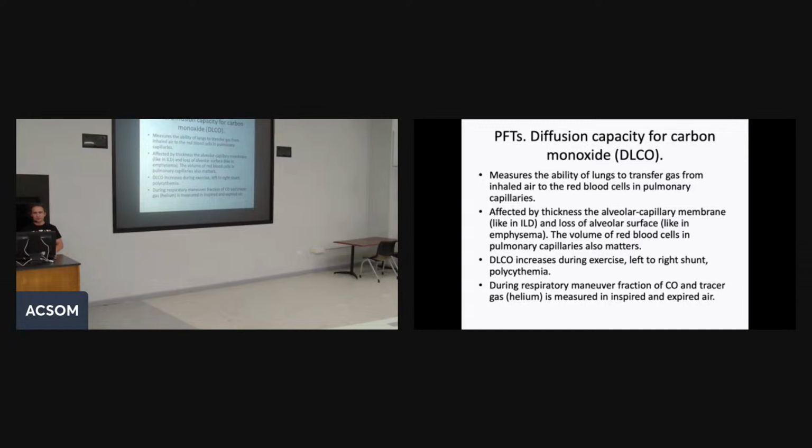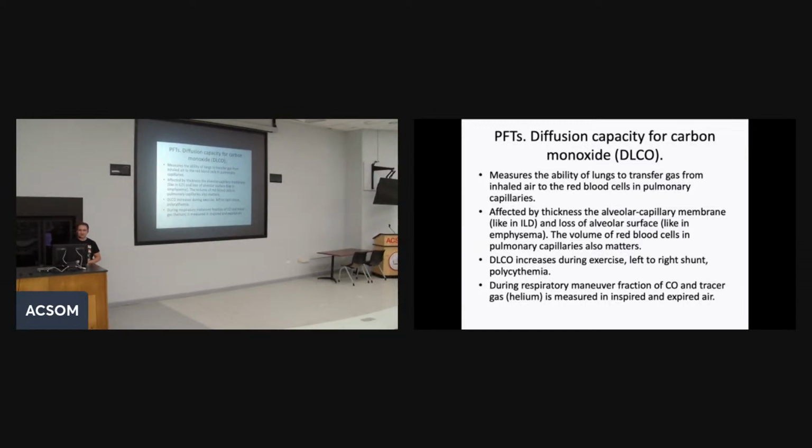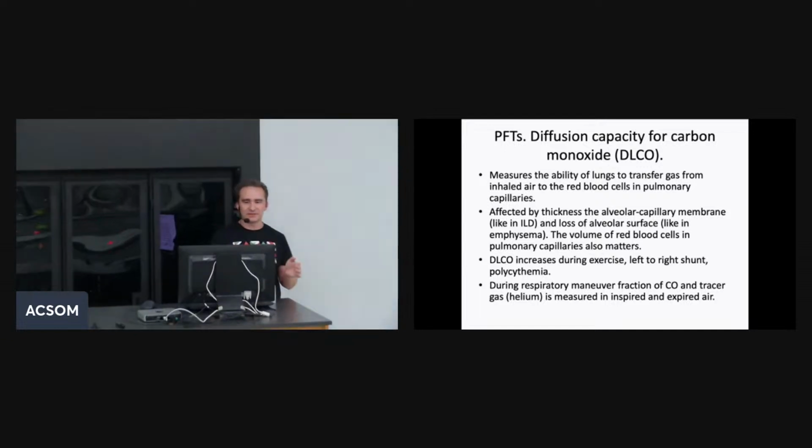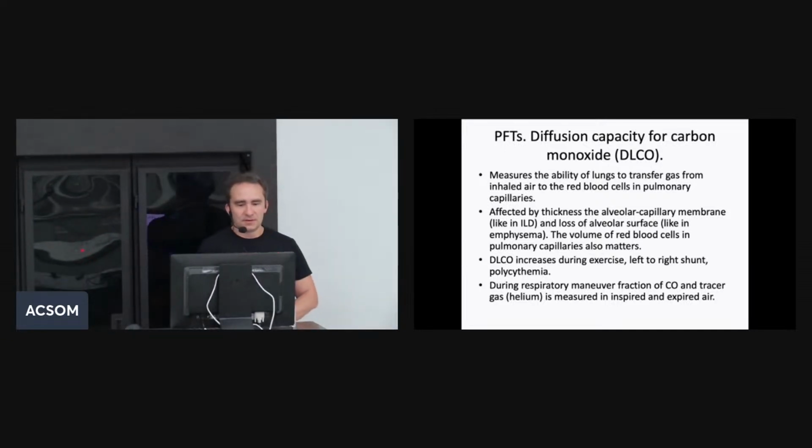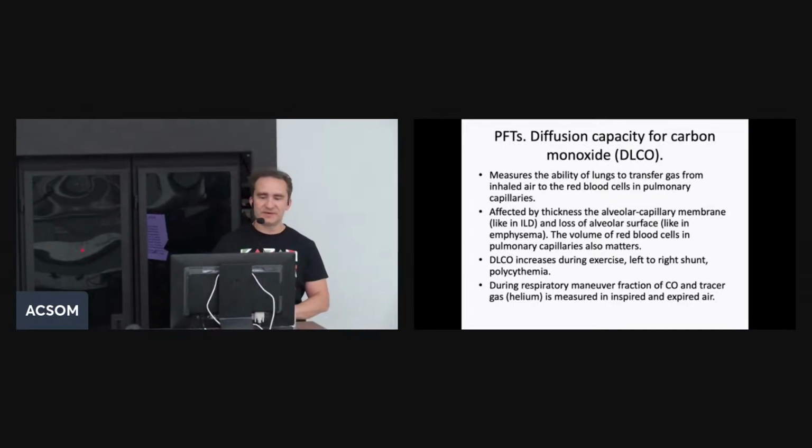We talked yesterday about diffusion capacity of carbon monoxide. It's basically the ability of the gas to move between the bloodstream and whatever is in the alveoli. It's affected by the thickness of the alveolar capillary membrane, which can be affected, for example, in interstitial lung disease. If somebody has pulmonary edema, this will go down.